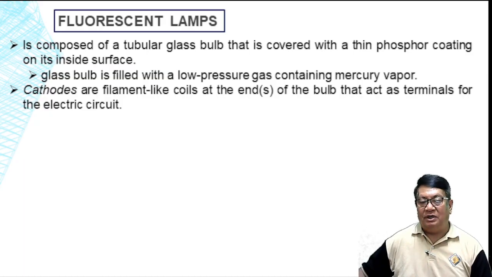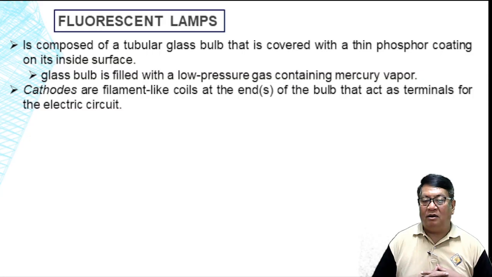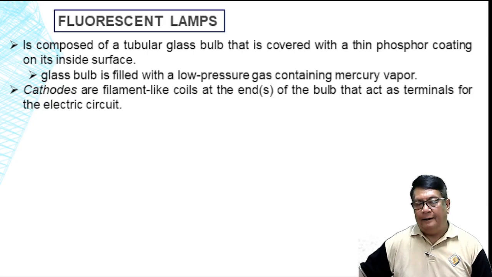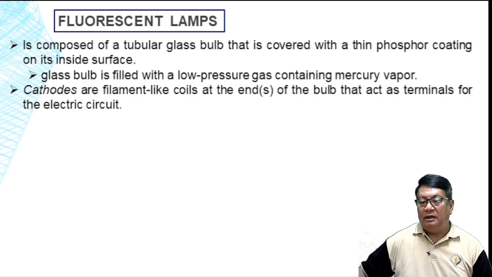We also have cathodes, which are filament-like coils at the ends of the fluorescent lamp that act as terminals for the electric circuit. These coils produce heat, which will produce light, and this is the source of light.